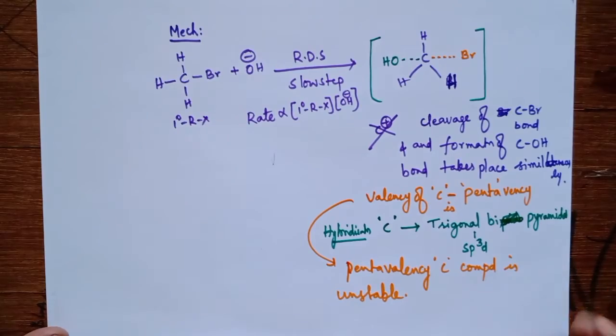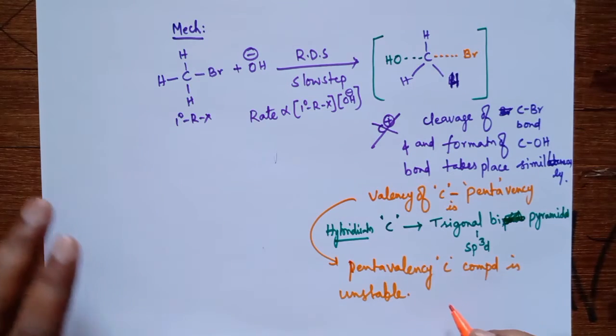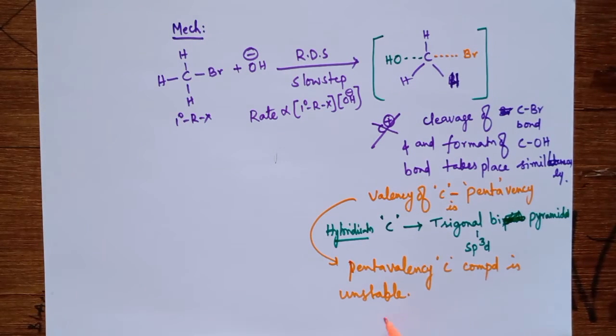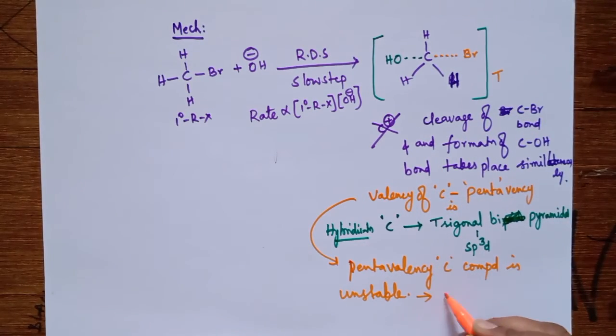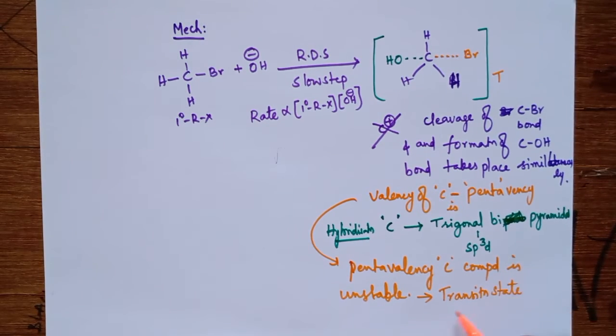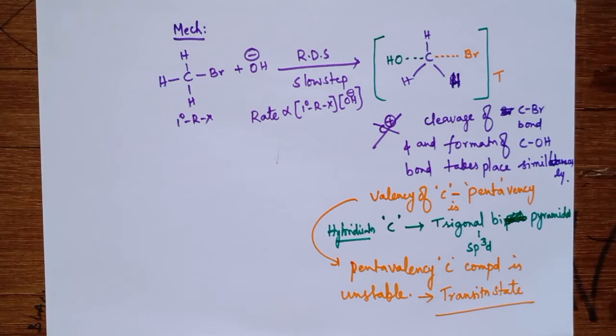That's why you can call this step the transition state. Transition means a dilemma state, an unstable state. That's why you call it the transition state. When you choose a career, whether to take CSE or different engineering branches, you cannot decide by yourself at that stage, an unstable state.